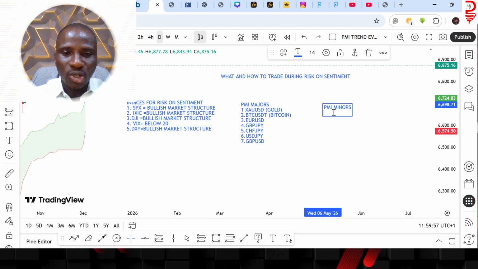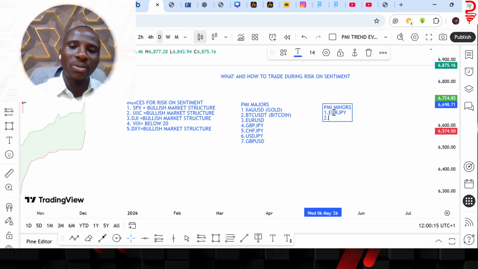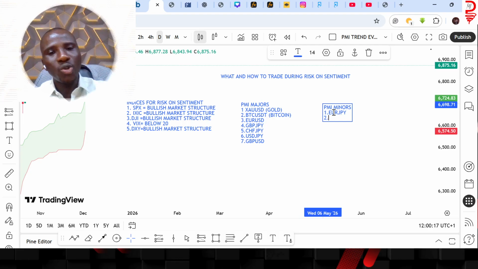We look into this one. So the first one is Euro JPY, and we look at the minors after we have considered all the majors. In most cases, whatever signal you will see on some of these minors, you will still be able to pick such a signal on the major. So instead of picking on the minor, you will pick on the major.